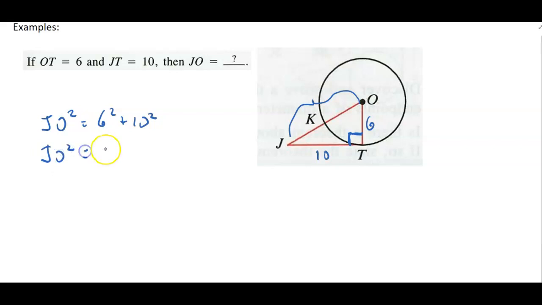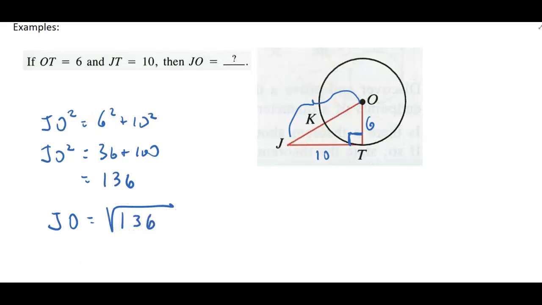So JO squared is 36 plus 100, which is 136. So JO is the square root of 136. Now I can take a 4 out of that. That's 4 times 34, which means that this ends up being 2 root 34.